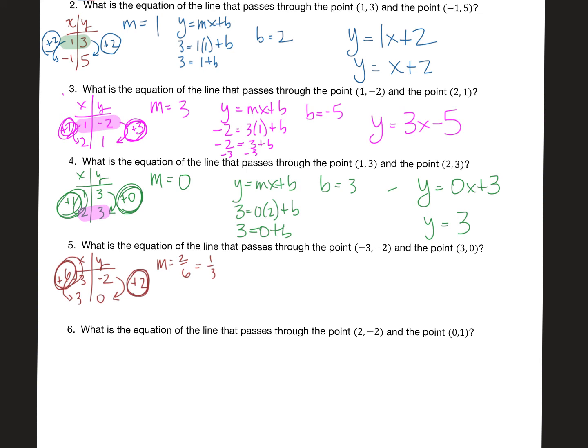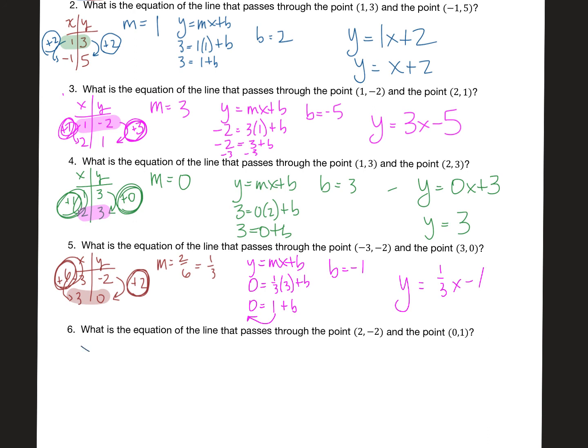And I am going to pick this ordered pair, mostly because anytime you have a 0 that you get to plug in, it tends to make things just a little easier. So here we go. Y equals mx plus b. The y value is 0. M is 1/3. X is 3. Multiplying 1/3 times 3, you get 1. And moving this to the other side, you get b is -1. So here's my equation. Y equals 1/3 x minus 1.